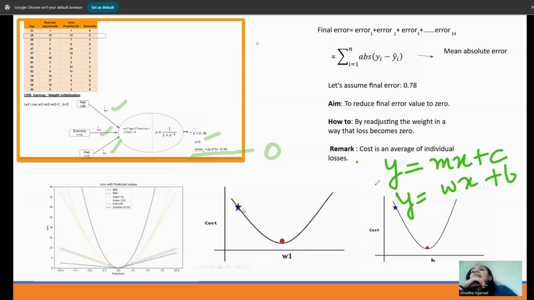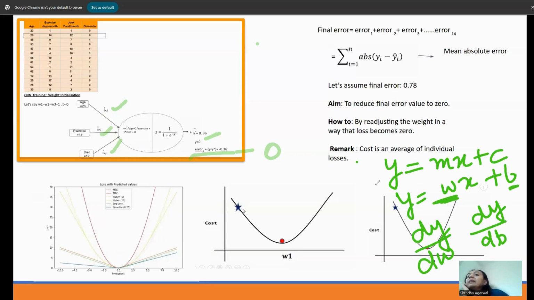Can I now take a partial derivative of y with respect to w and y with respect to b? Can I do that? Is it allowed or not? Because this is my weight, and we know that this is a number, right? And this is also a number. But can I do that? Yes, there is no problem in taking the partial derivative of them, right?